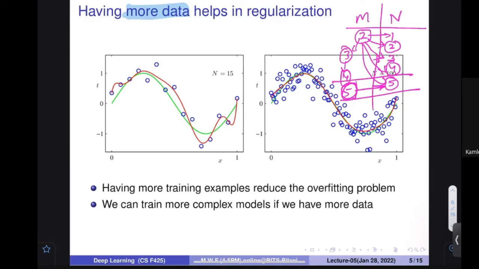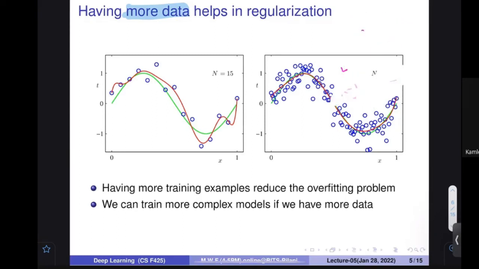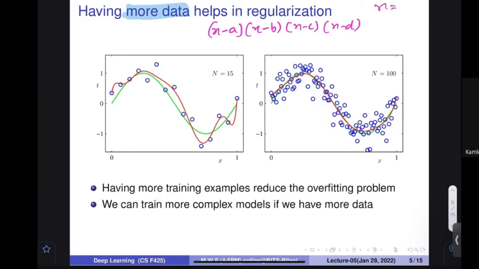Let me give you this example. Assume this equation: x minus a, x minus b, x minus c, x minus d, and so on. What is the highest degree of x? It is 4.